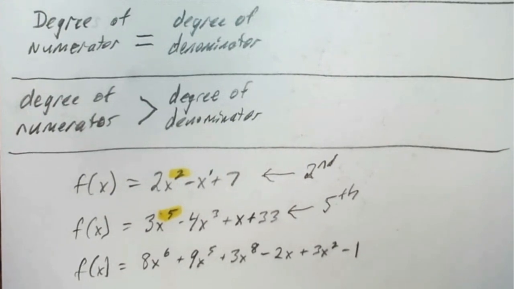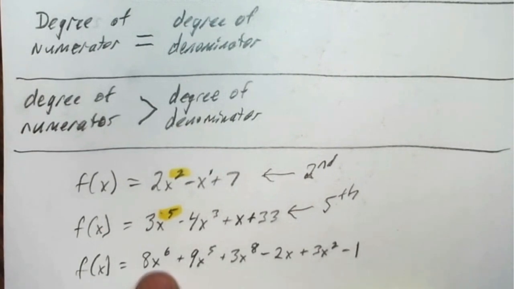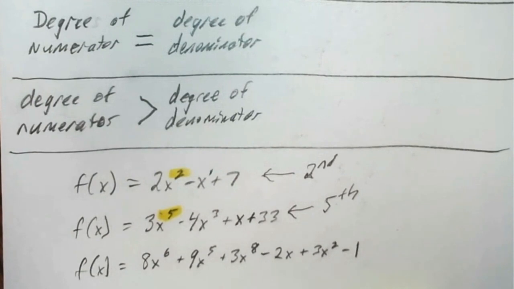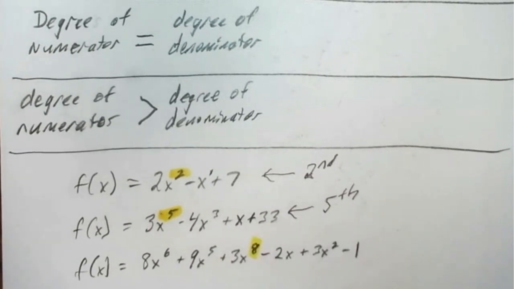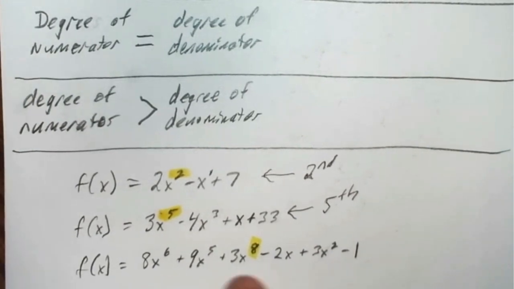It all gets down to, is it the first exponent or is it the largest exponent? The degree of a function is based on its largest exponent because this is not written in standard form. If I wrote it in standard form, I would rearrange it and put this one first because it is the largest.